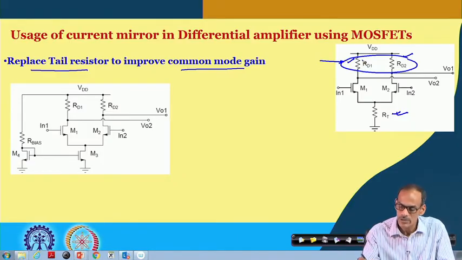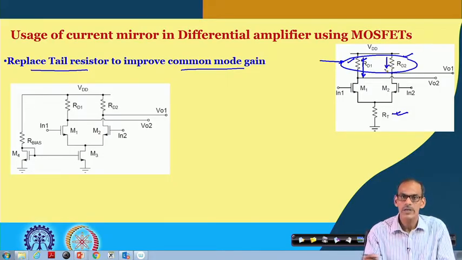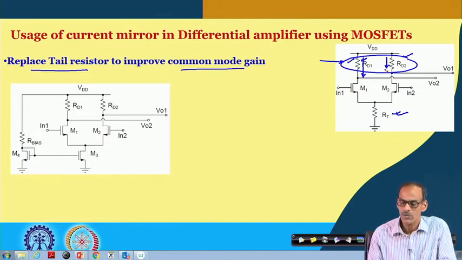So, the current flowing through this left half can be mirrored into the right half, and that mirroring is different from normal DC mirror, because this left arm also carries some signal.